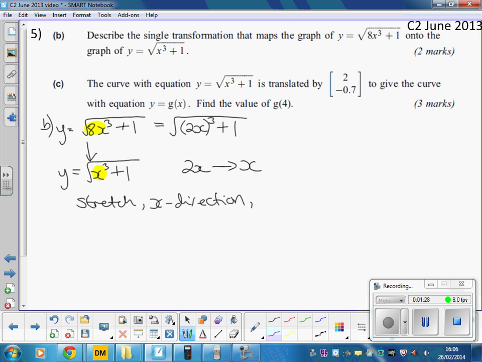So the only thing we need to work out now is the scale factor. So what's happened is 2x has gone to x. In order to do that, we've multiplied by half. So this helps us find our scale factor. Remember, the scale factor is the reciprocal of the number it's been multiplied by. So in this case, it's a scale factor of 2.